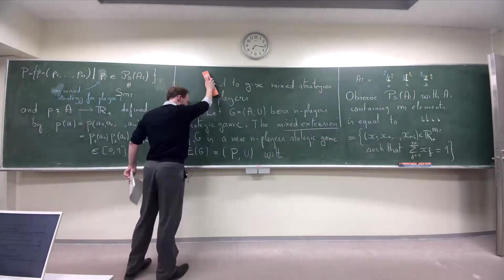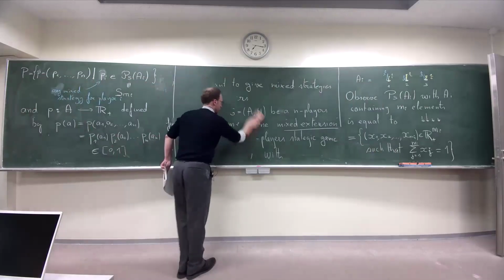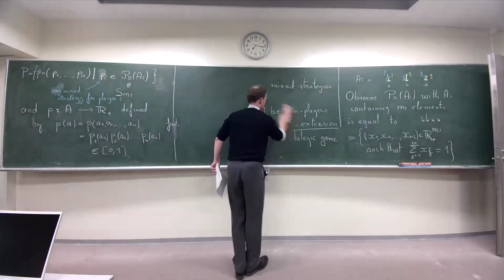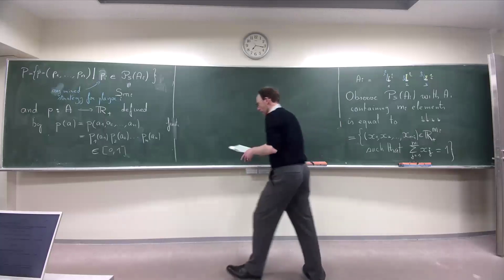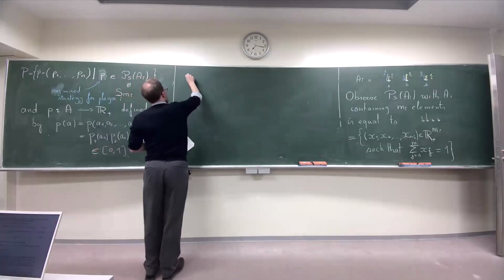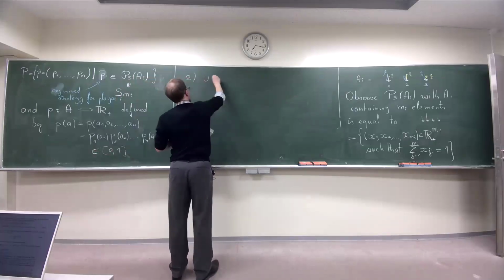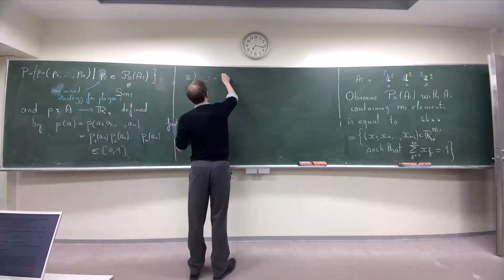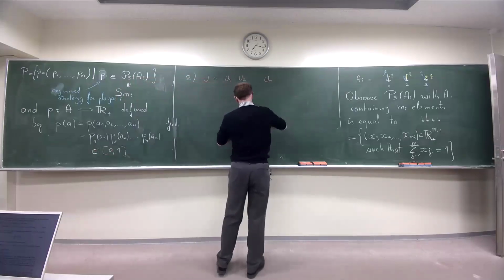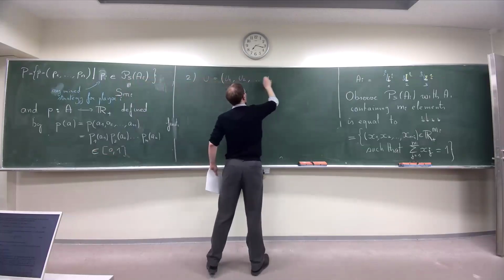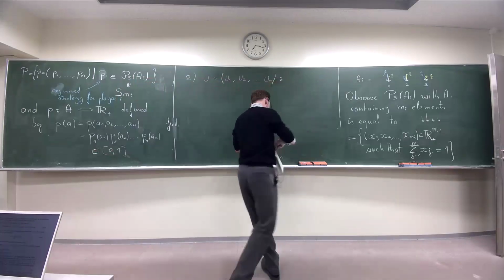And what is a red U? Or in the notes, it's a Gothic U, but in the blackboard, it's a red U. So I need to give a definition. This red U is equal to, it has also n components. And it's the same as before.